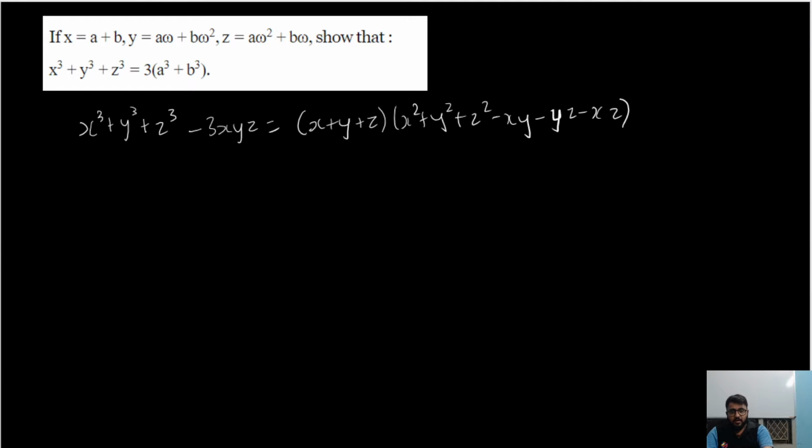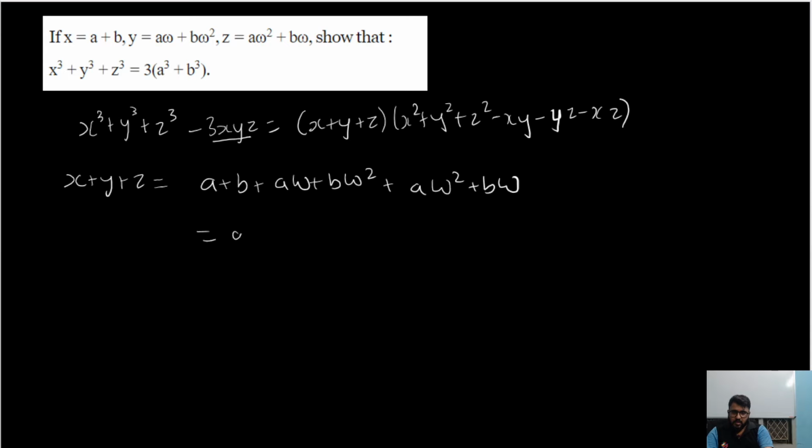So now when we have this, first of all we have to find xyz, and x plus y plus z. So let's try finding x plus y plus z. So you get a plus b plus a omega plus b omega square plus a omega square plus b omega.